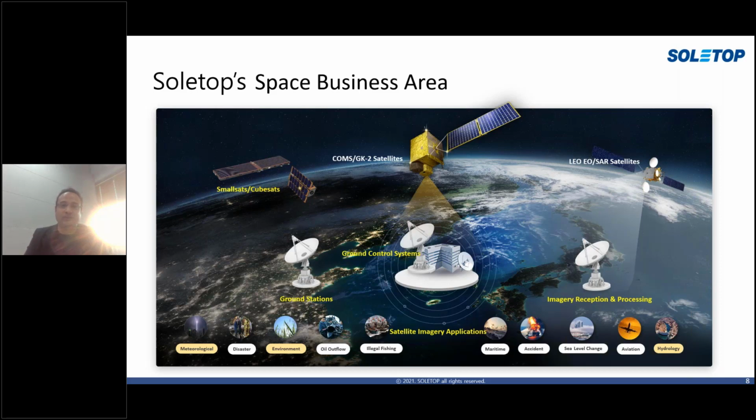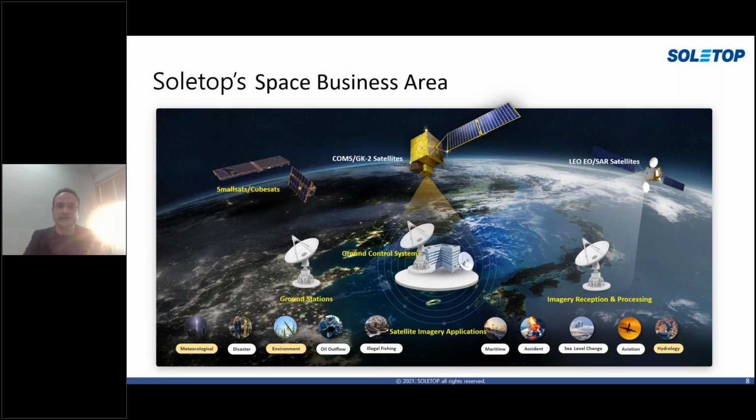One of the major reasons why Soletop is deeply involved in small satellites is that the problem of the number of passes in the Asian region can be solved only through a constellation of small satellites and formation flying. That is why the whole space industry is in transition in Korea, and we are very proud of it.